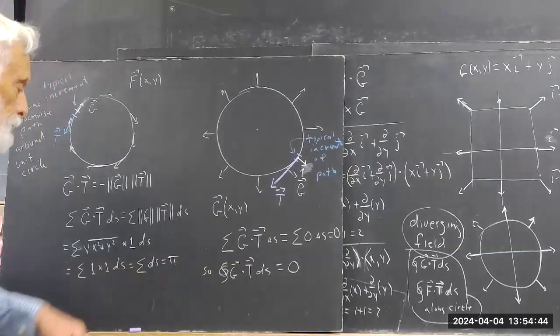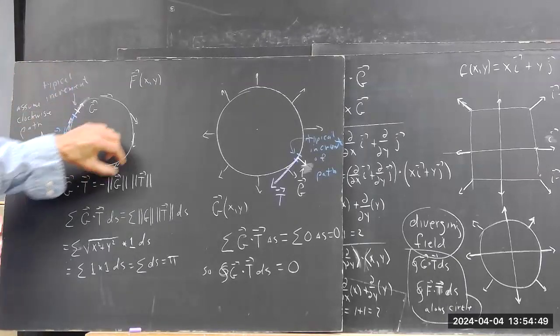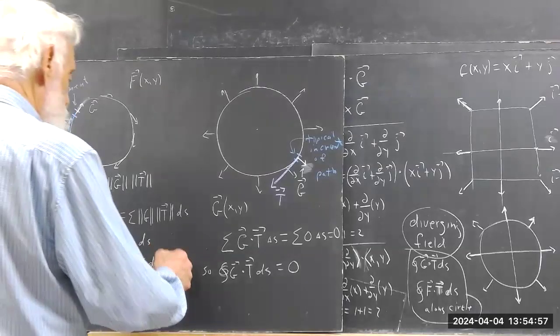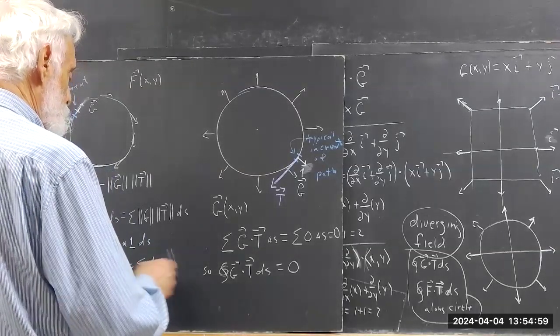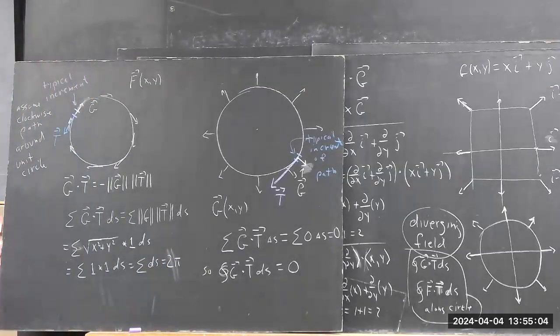So it's the sum of your ds's. Your delta s's are the lengths of these increments, and you go all the way around a circle of radius 1. You've done the circumference, and that's 2 pi, not pi. Okay, 2 pi, right?